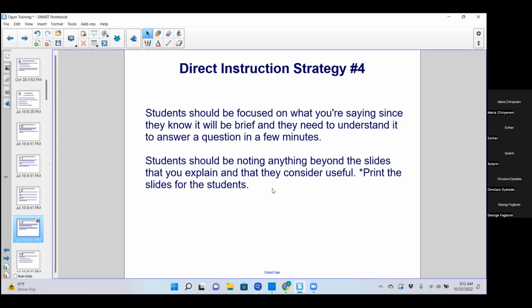Then the students can just write right on the presentation so that they're really focused on what the teacher's saying and not so worried about writing quickly, making sure they have everything written down, copying off of the board. We want to, if possible, print that out for the students.